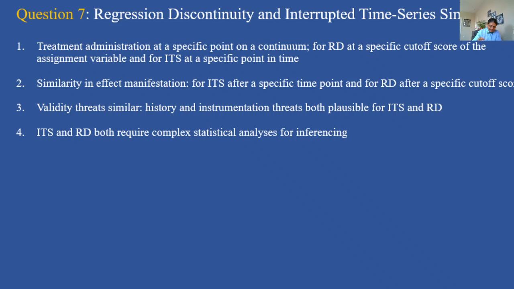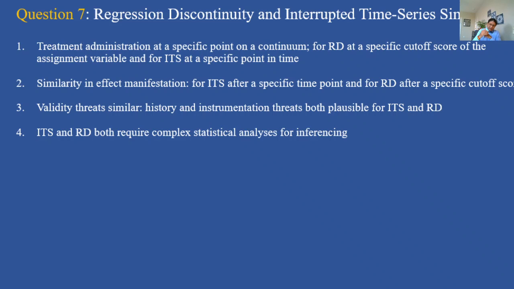Second similarity is the manifestation of treatment efficacy. In interrupted time series, it is on a time series, after the treatment. So treatment is administered and then you see the manifestation of the effect.